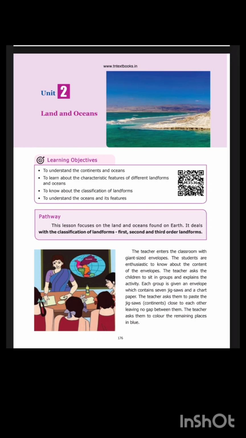These ranges stretch for hundreds or thousands of kilometers. The Himalayas of Asia, the Rocky Mountains of North America, and the Andes of South America are such examples. The Andes Mountain in South America is the longest mountain range in the world, 7,000 kilometers.